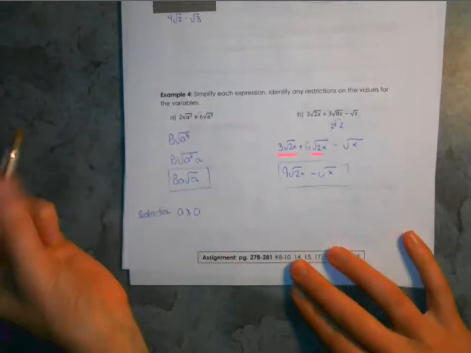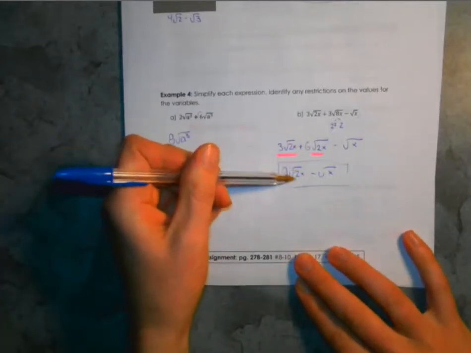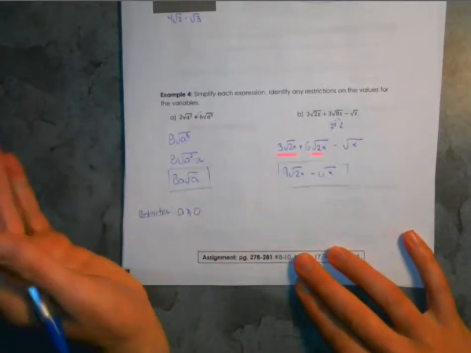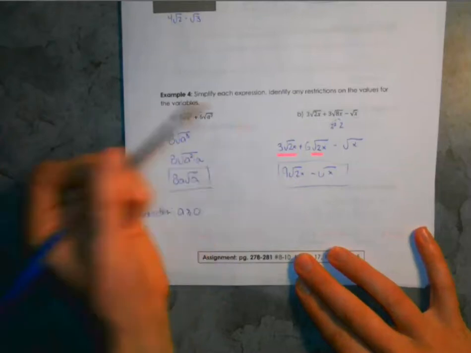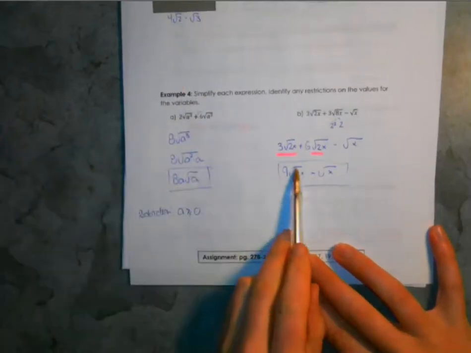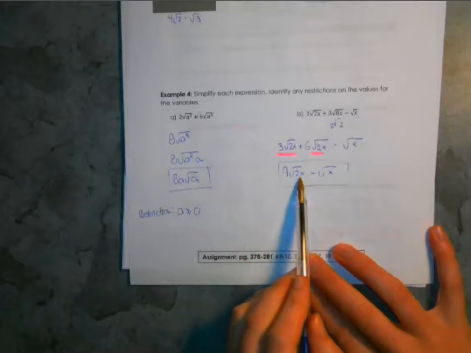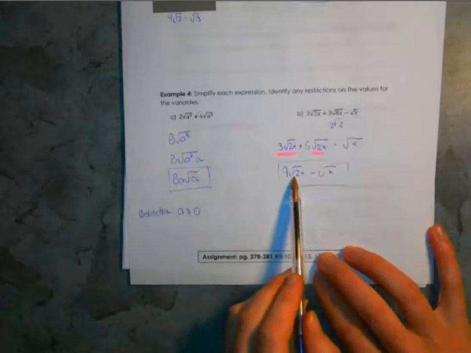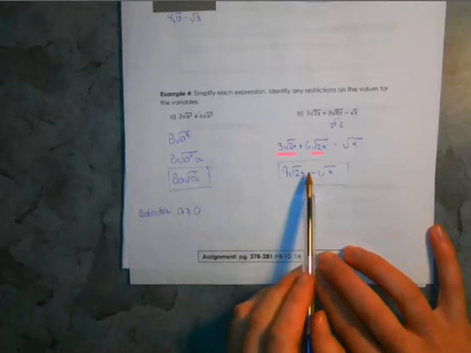Now we need to think about what would be our restrictions on this. Similarly to the previous one, we want both of these values to never be less than 0. So if we said x was greater than or equal to 0, would this value always be above 0? Well, 2 times 0 would be 0, and 2 times anything above 0 will be above 0, right?